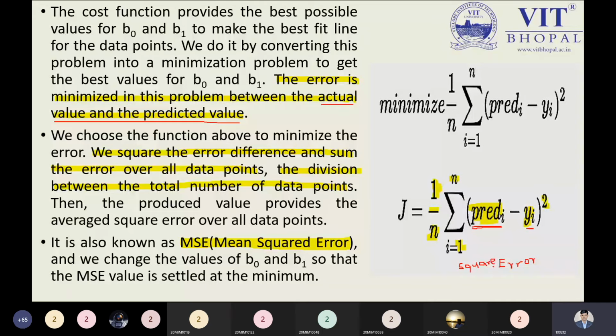After getting all the square values, I do the summation, so I get the square error. After getting the square error, I divide it by n, the average value, and I get the term known as the mean square error.